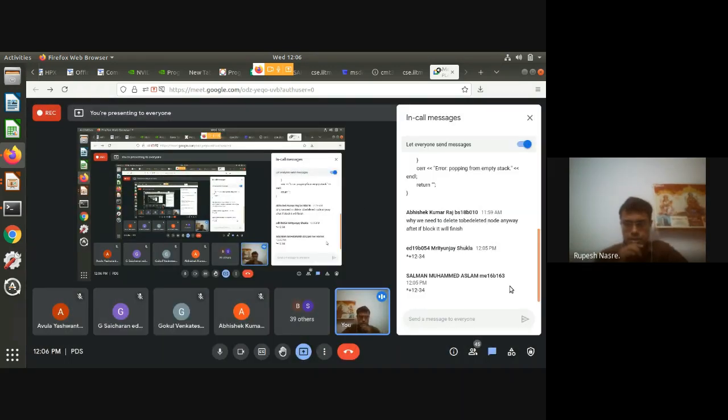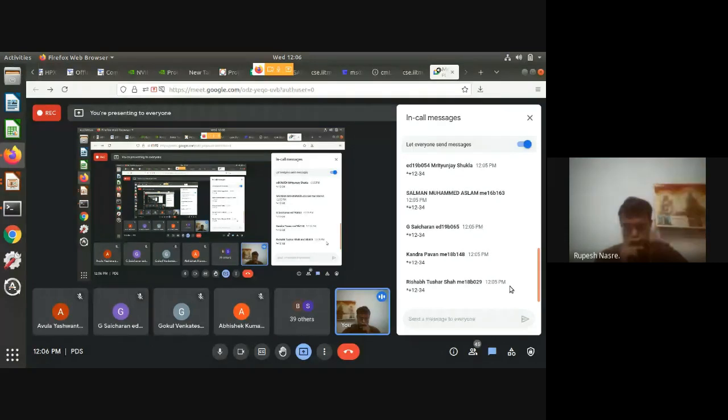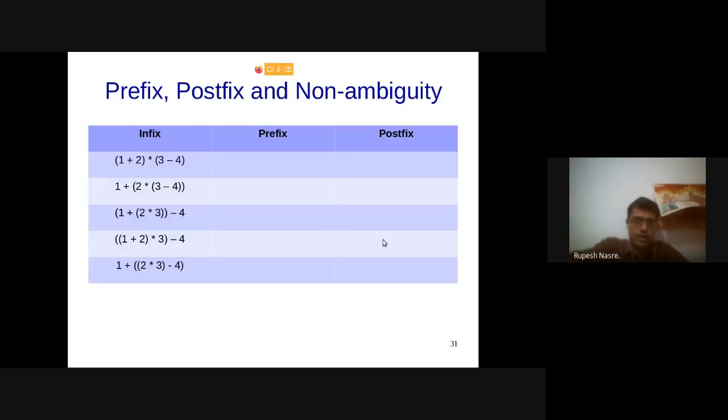Okay, Mrityunjay says star plus 1 2 minus 3 4. Saicharan says the same. Pavan says the same. Rishabh says the same. Okay, so that seems to be reasonable.